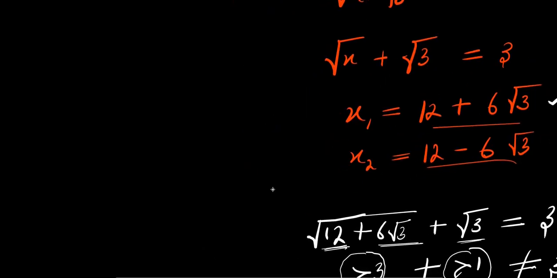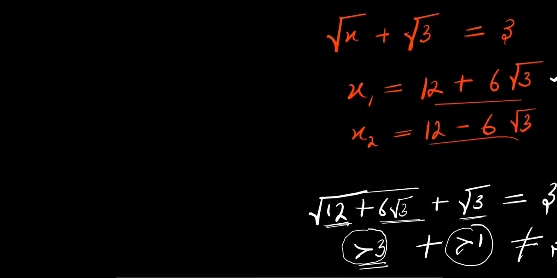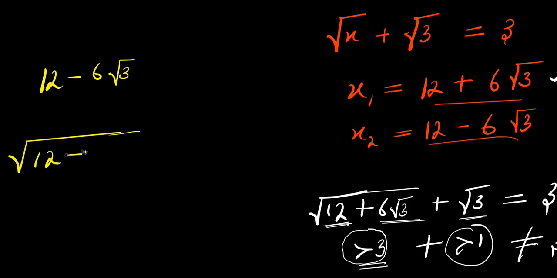Now let's consider when x equals 12 minus 6 root 3. So we have square root of 12 minus 6 root 3 plus square root of 3 equals 3.